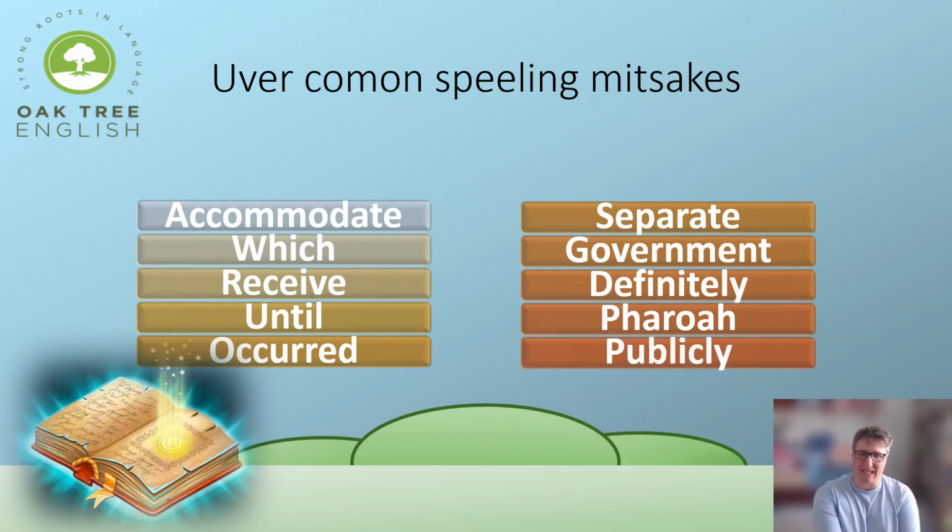And publicly, once again, it's an affix issue. The ly, the root word is public. Not pub, that's the shortened form of public house, for those of you who are desperate to go out and get a beer. Publicly, the ly makes it into an adverb. But what people often do with publicly is they put ALLY at the end.